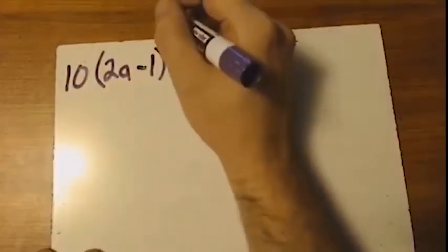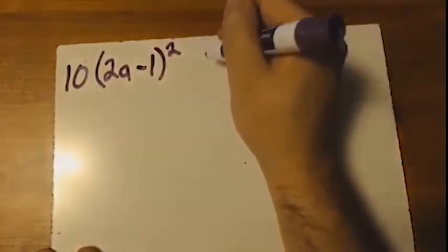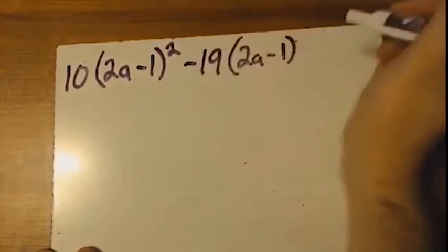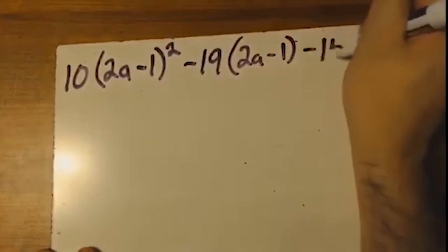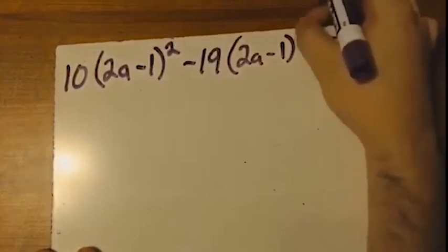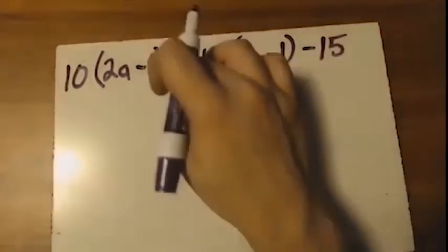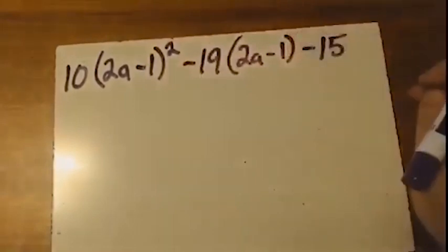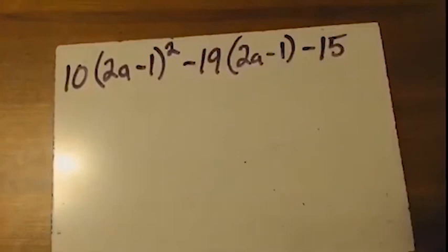We have 10 times 2a minus 1 squared minus 19 times 2a minus 1 minus 15. Now in 1c, it had been a cube, a square, and we'd have had another 2a minus 1. We did that by factoring the 2a minus 1 out, but here, what if we just simplified it?